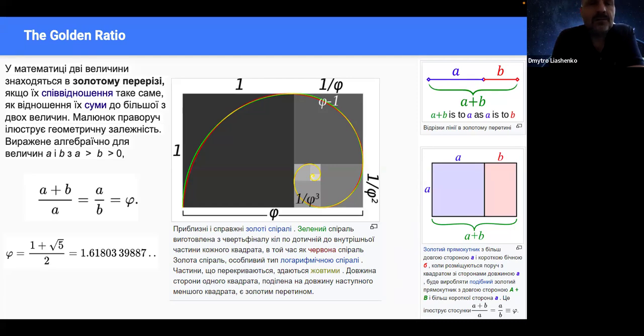So the smaller part B is related to A, as A is related to the sum of A and B. You can see this equation, and when we try to calculate this formula, this number will be 1.61803 and other numbers.